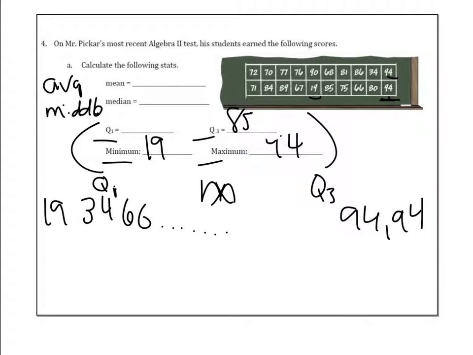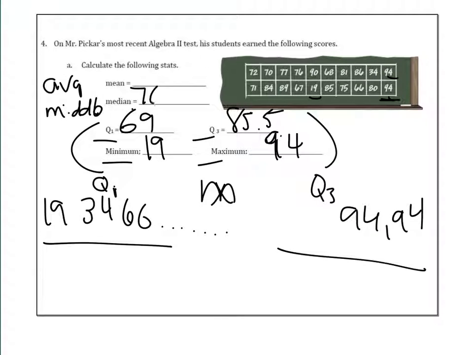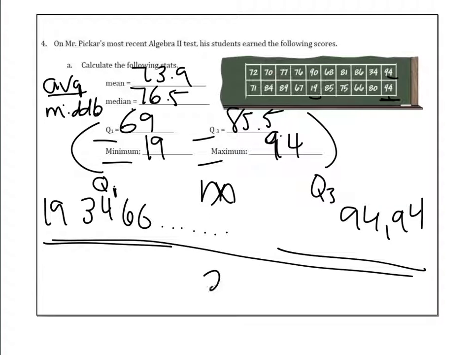What I'm looking at is what's the middle of the lower half, middle of the upper half, median is in the middle. And so what I did was, my Q1 would be 69, my median is going to be 76.5, and my mean is going to be 73.9. Mean is easy, average. Add them all up, divide by 20.